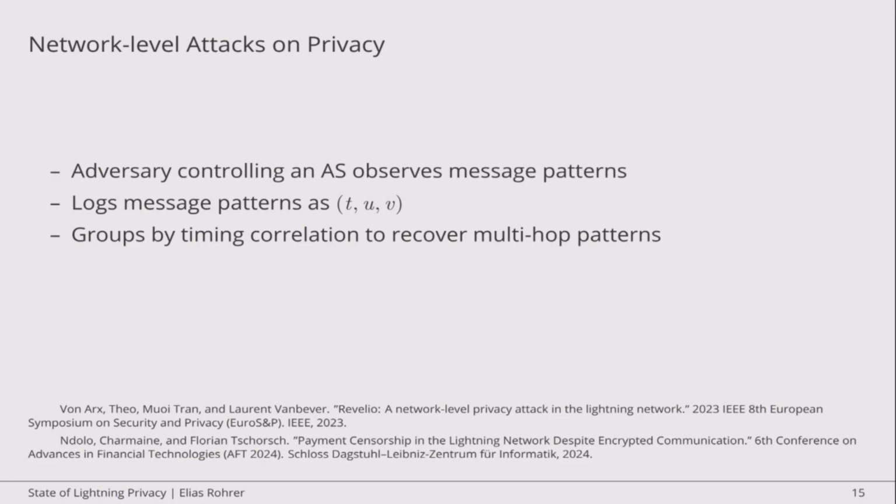And in this adversary model, they would observe message patterns. In my eyes, for one, this is the much more severe attacker model, as we'll see in a moment, but this is also the much more realistic attacker model.